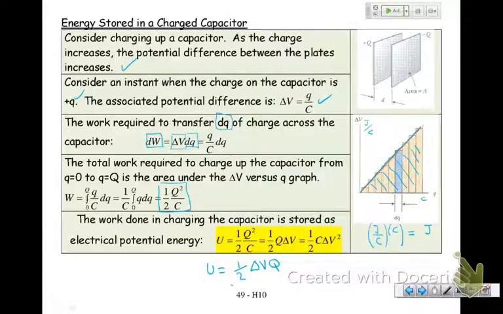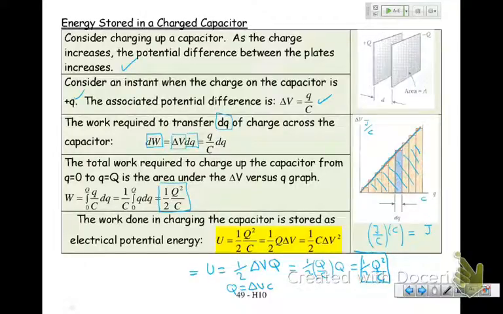I also know down here that charge is equal to delta V times C. So I'm going to play around with this. I'm going to say, well, that equals, let's get rid of the delta V. So this is a half. Instead of delta V, I'm going to put down Q over C times Q, which equals 1/2 Q squared over C. There's another equation.